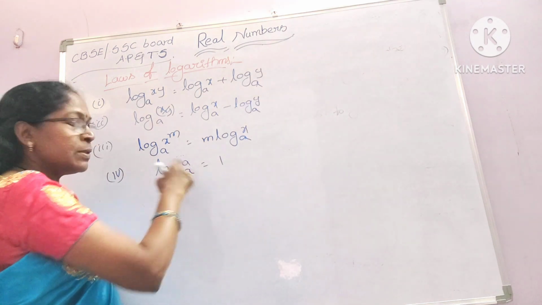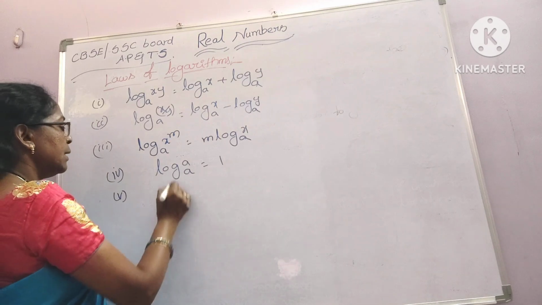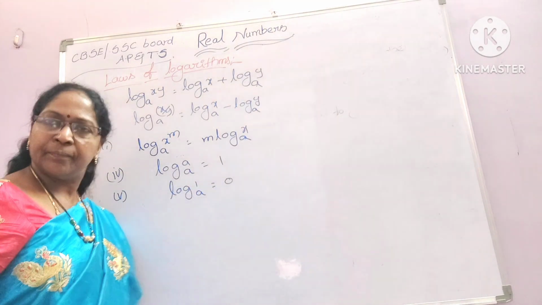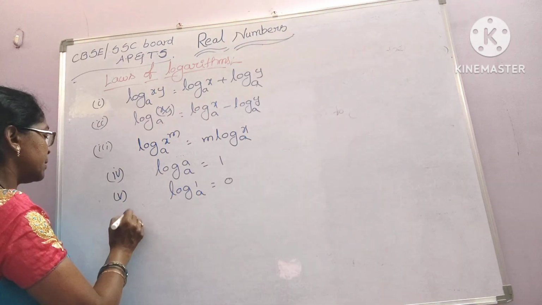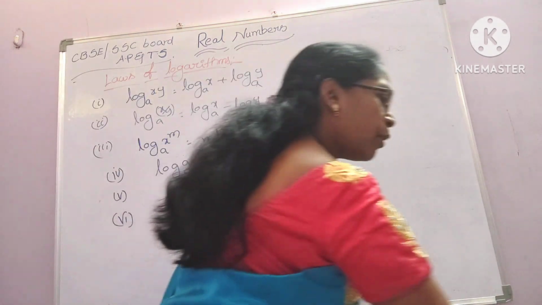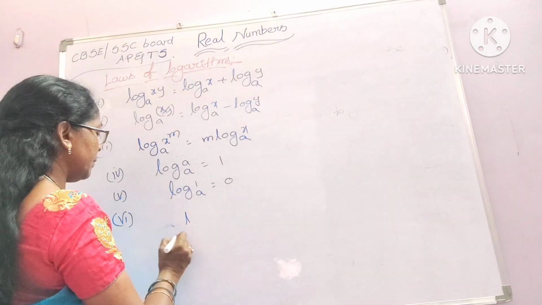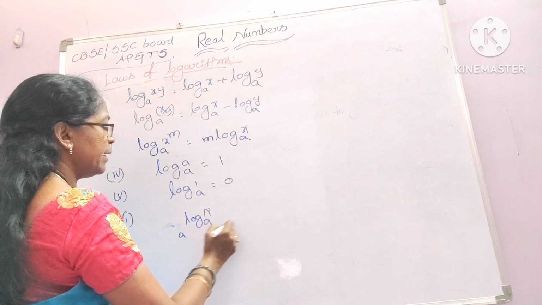Here these two numbers are the same, so you will get 1. Next, the fifth rule is log 1 base a equals 0. Next, the sixth one, the last rule: a to the power of log n base a equals n.